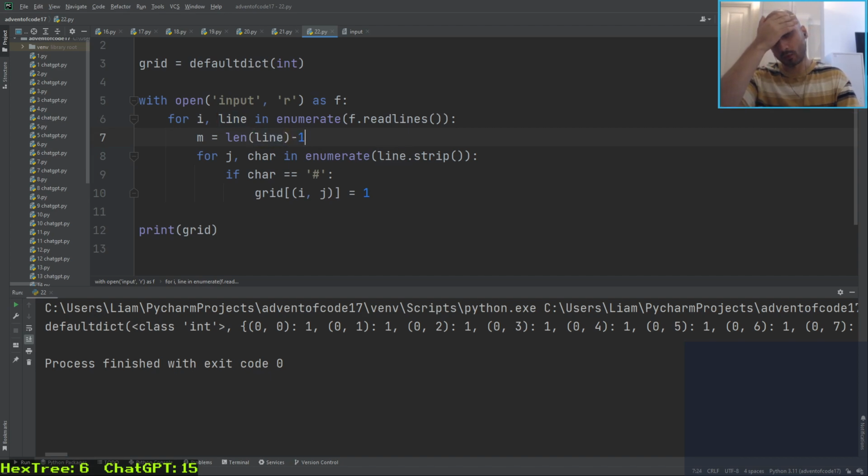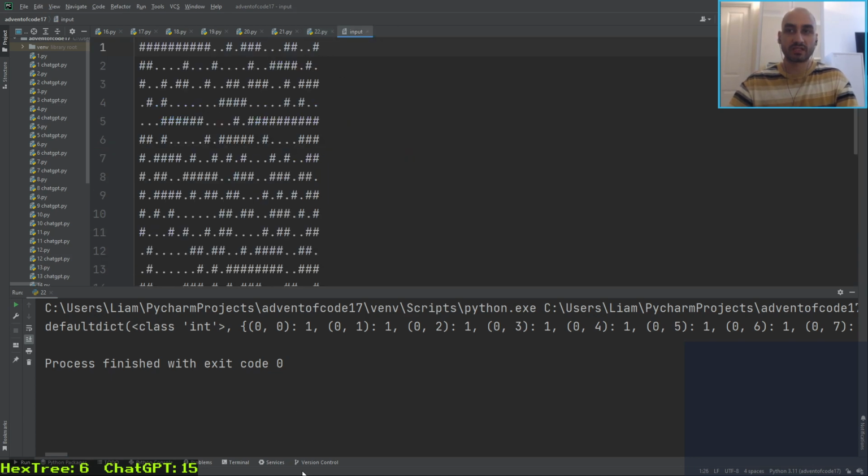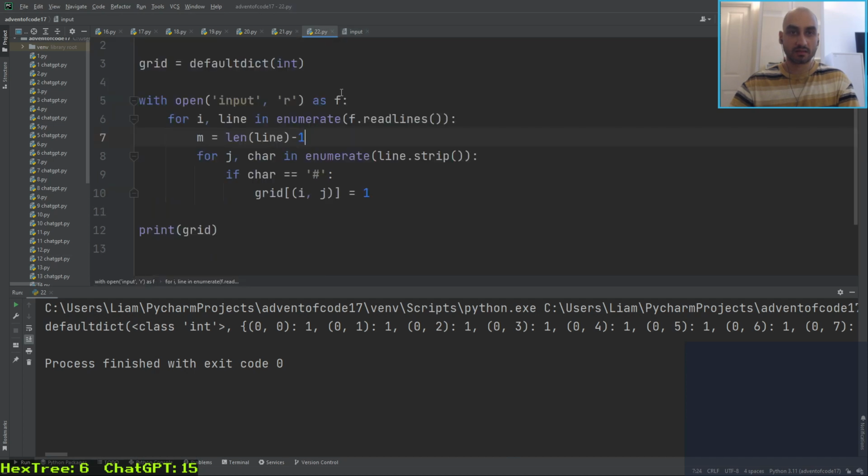Okay, that's the width. We want the height. I mean, I know it's square, but let's just write it in a way that you can give this any rectangular input. So the length, because that's just the more sensible way to code it.